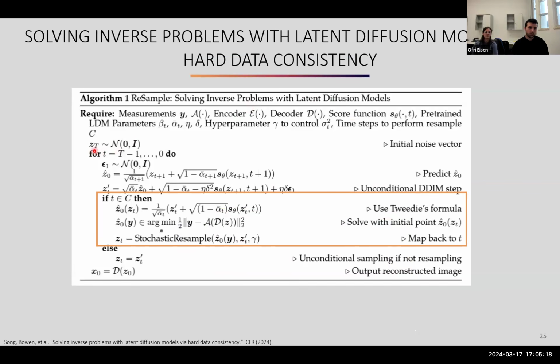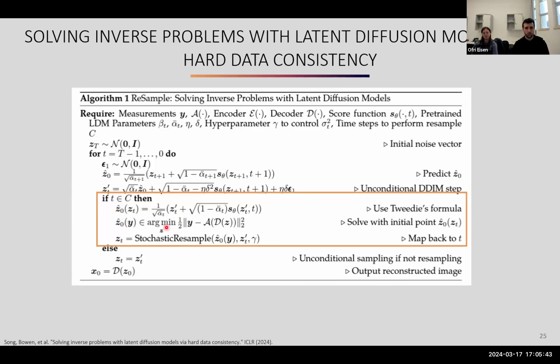So you start with a Z capital T, and then you just do the reverse process with unconditional DDIM, and each time you get to a specific time step and you say, okay, I want to do hard data consistency. Again, in the paper it was like 10 steps. They used the Tweedie formula to get an estimation of Z0 given the ZT you got so far.